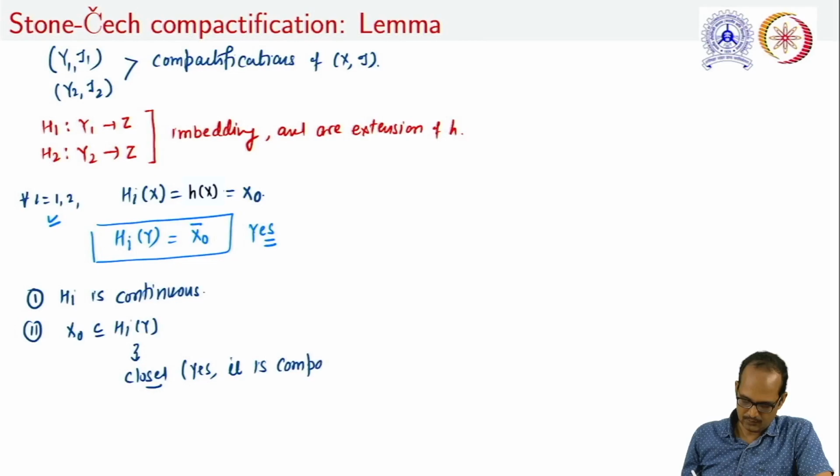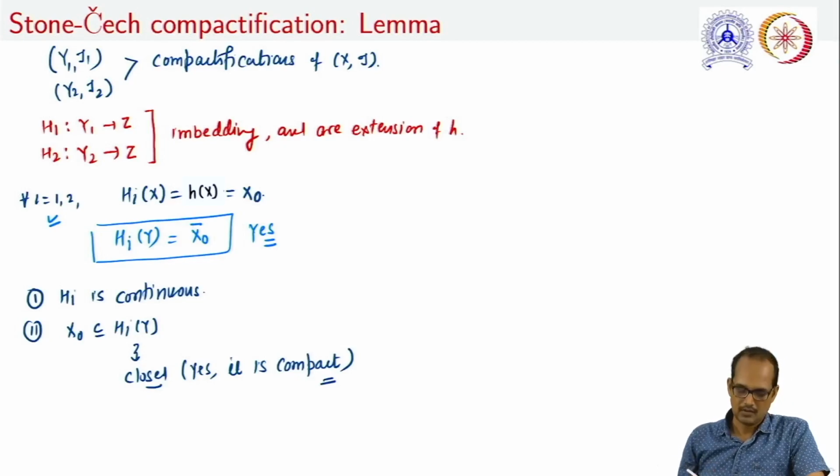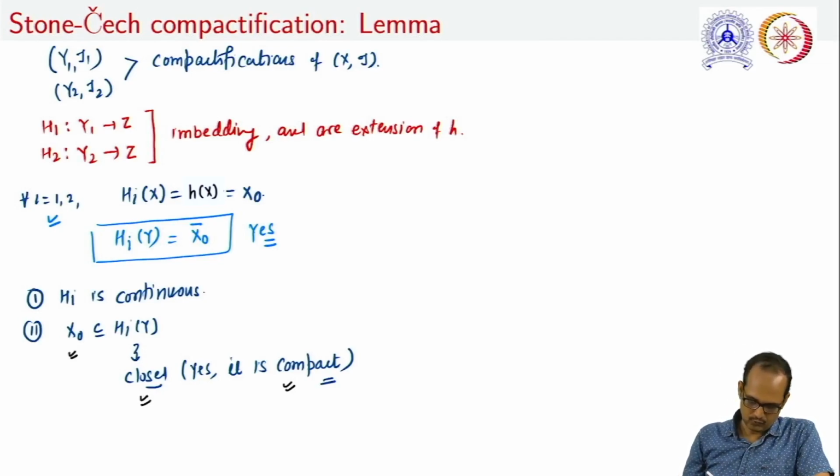Why is it compact? Because it is the continuous image of a compact space, and compact subspaces of a Hausdorff space are closed. Therefore, Hi of Y is a closed set. Now, using the concept of closure, we can deduce that Hi of Y will always be equal to x naught closure for i equal to 1 and 2.